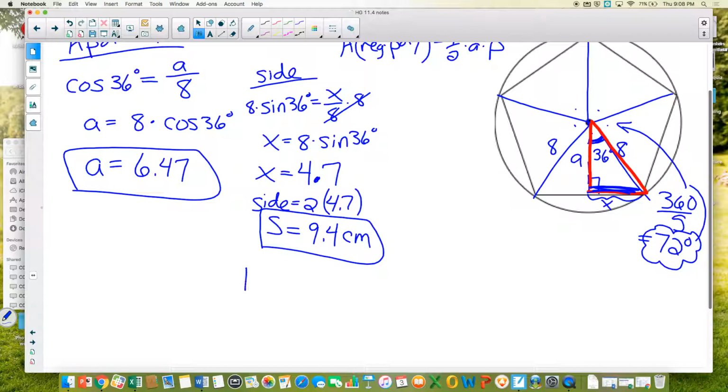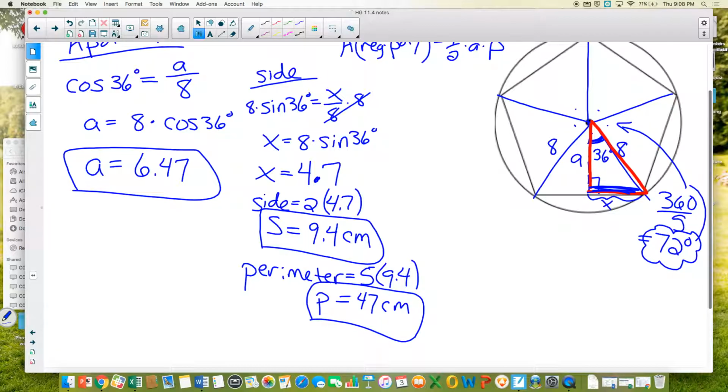So the perimeter is equal to 5 times 9.4. And the perimeter ends up being 47 centimeters. So we have P now. P is 47. We have A, it's 6.47.